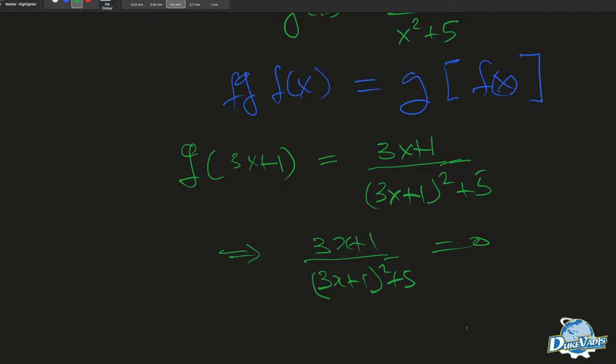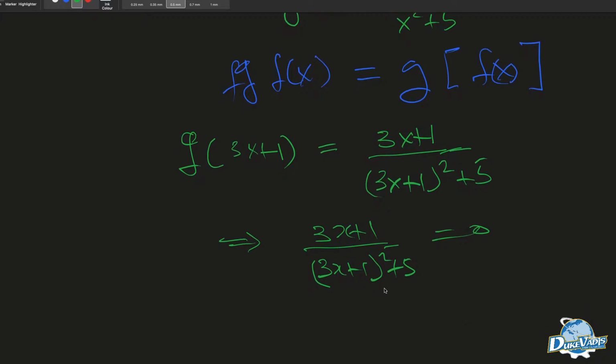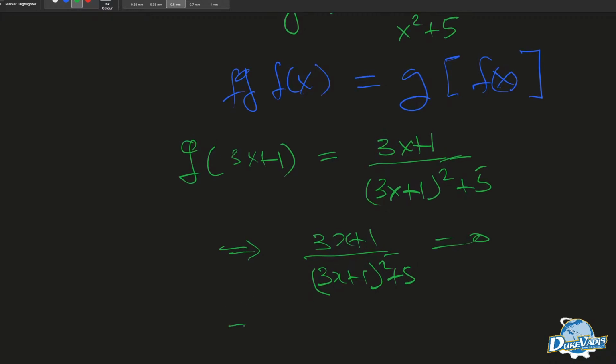Because this is the denominator, even when we expand it, what we are going to get is 3x plus 1 all over 9x squared, and we'll expand that.